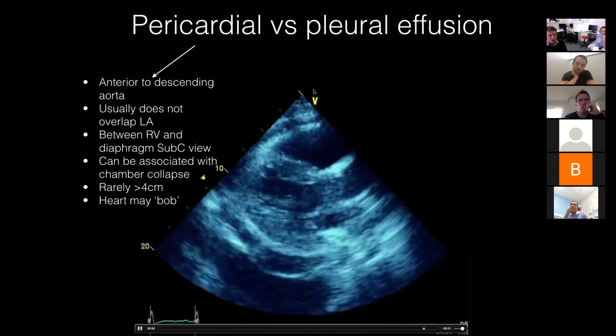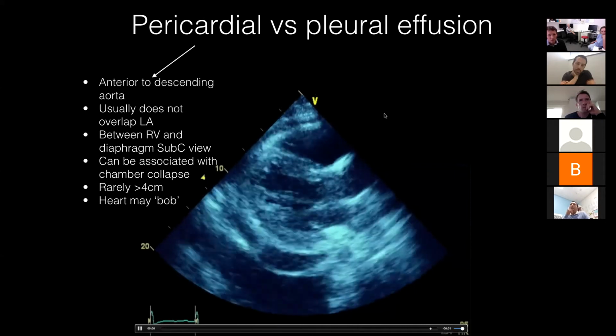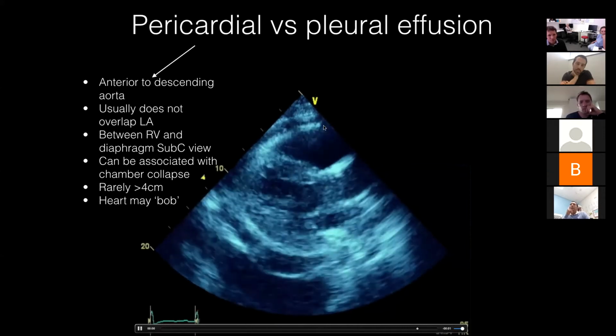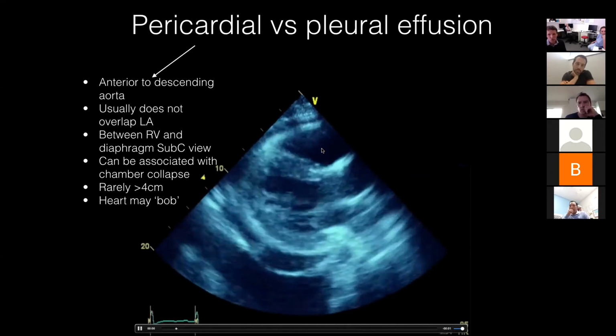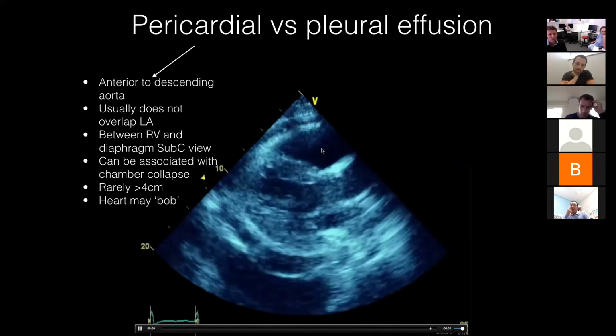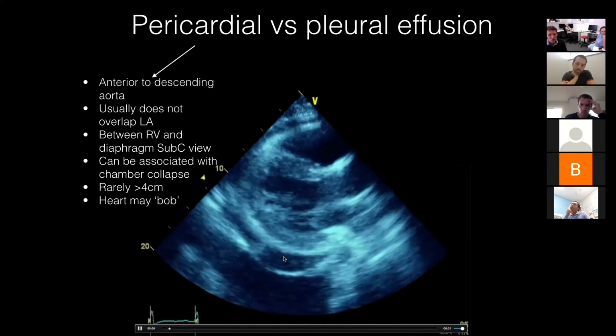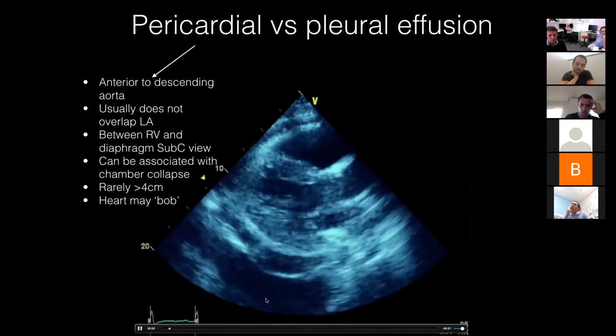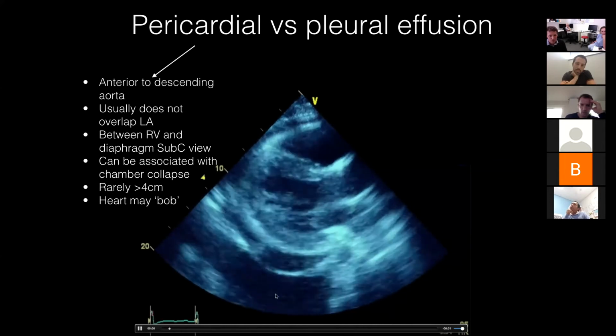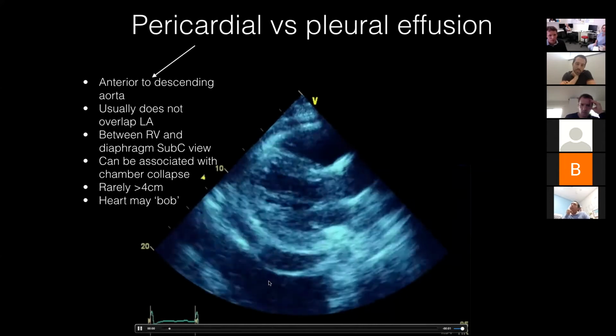Between the RV and the diaphragm in the subcostal view, you'll be able to see it. It can be associated with chamber collapse. Obviously with a pleural effusion, I'm sure there are case reports of it, but it doesn't normally cause impaired filling of the heart. A pericardial effusion is usually less than 4 centimeters, and we can see that the pleural effusion back here is probably greater than 4 centimeters.